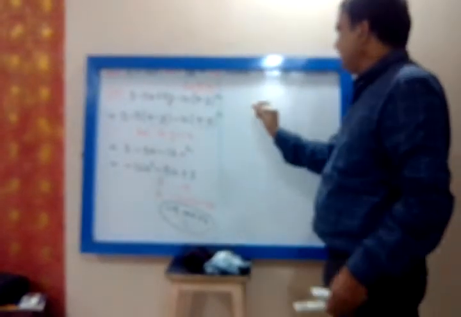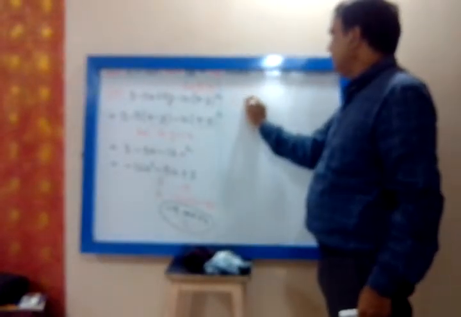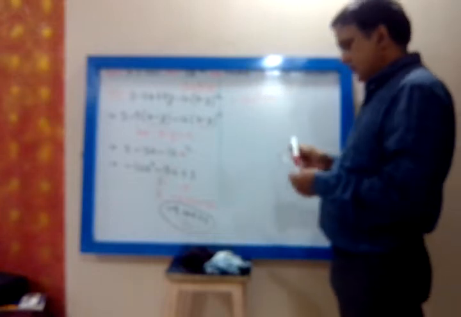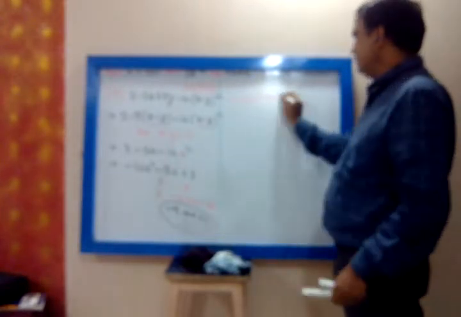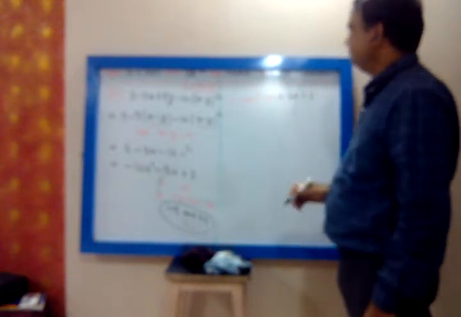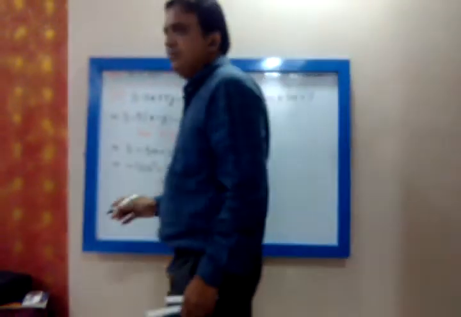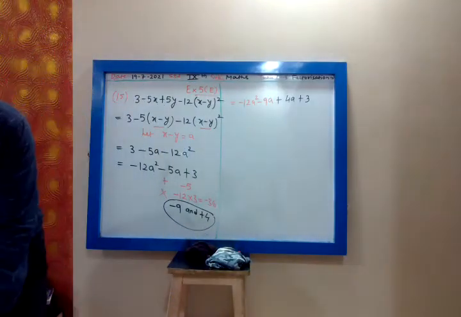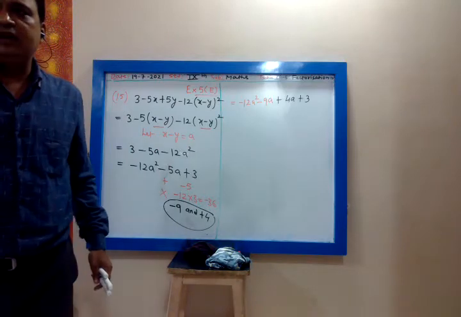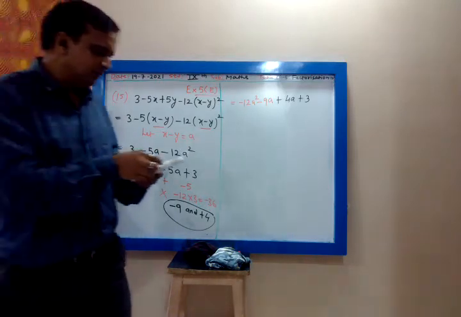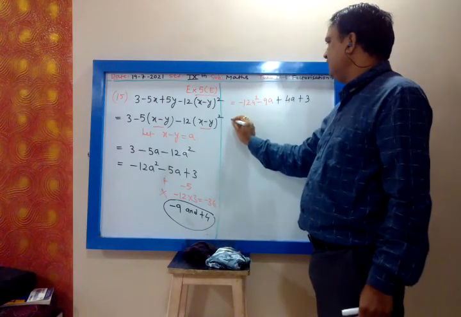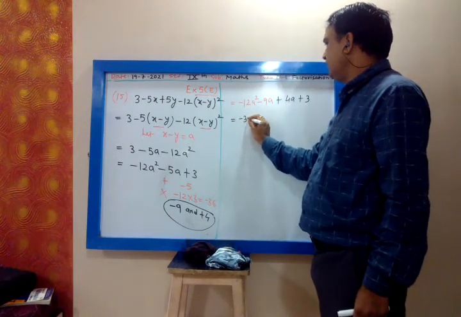So we write minus 12a square minus 9a plus 4a plus 3. The middle term minus 5a is split as minus 9a plus 4a. Now what is common in minus 12a square and minus 9a? Minus 3a is common.